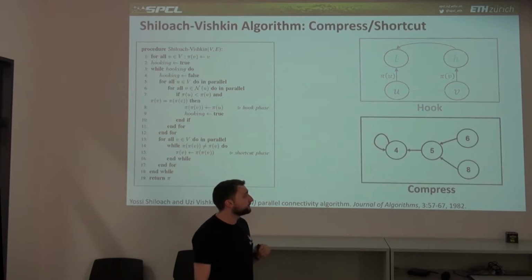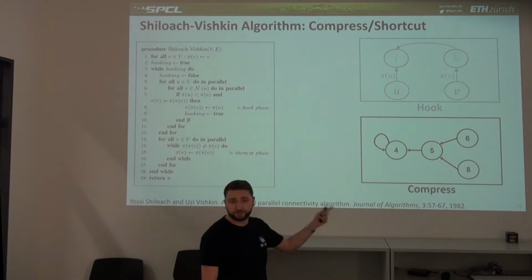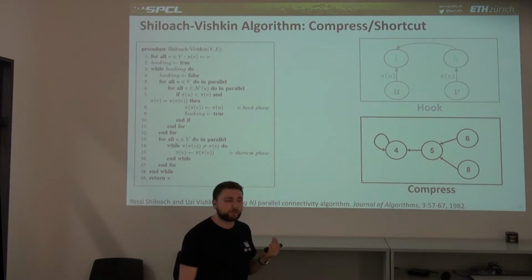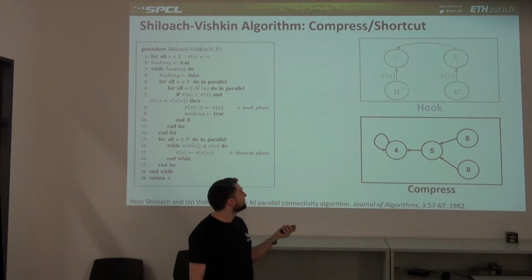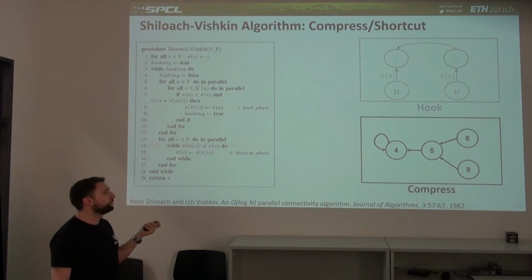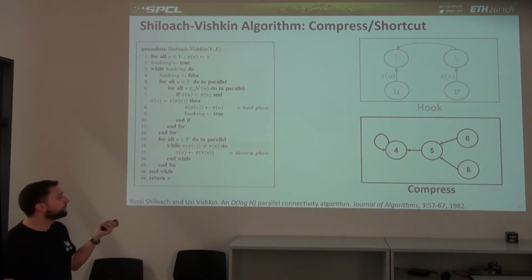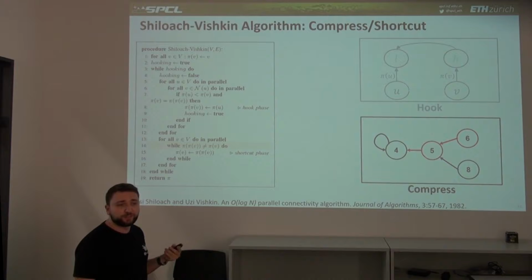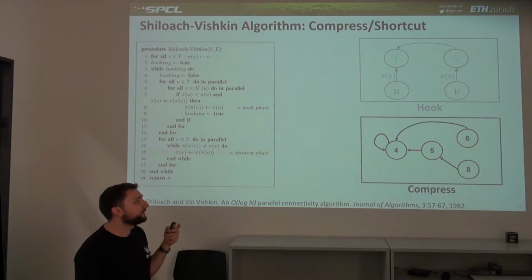The second phase, the compression phase, takes all the vertices, each of them essentially creating a tree. We look at the parents of each one of the nodes, and if those parents have additional parents, which means that the tree is more than a depth of 1, we simply compress it.